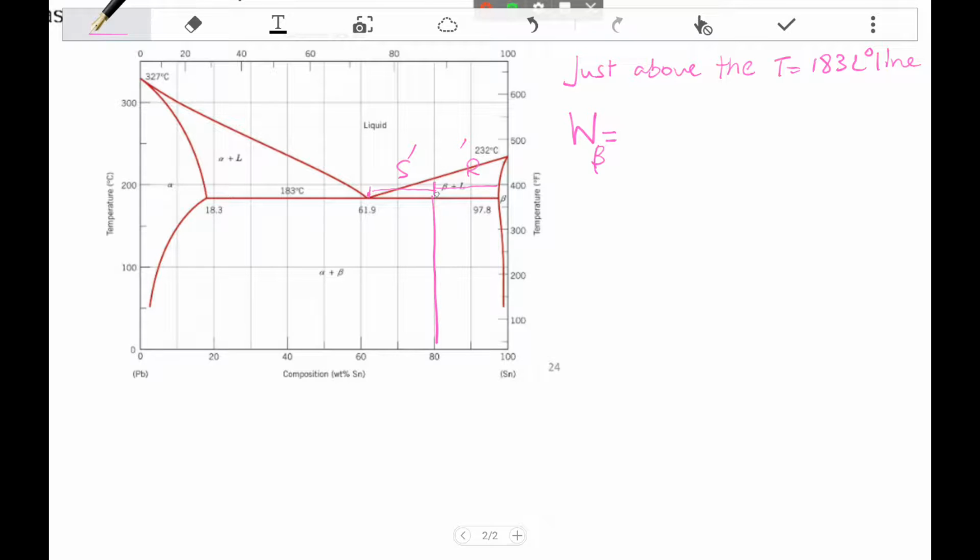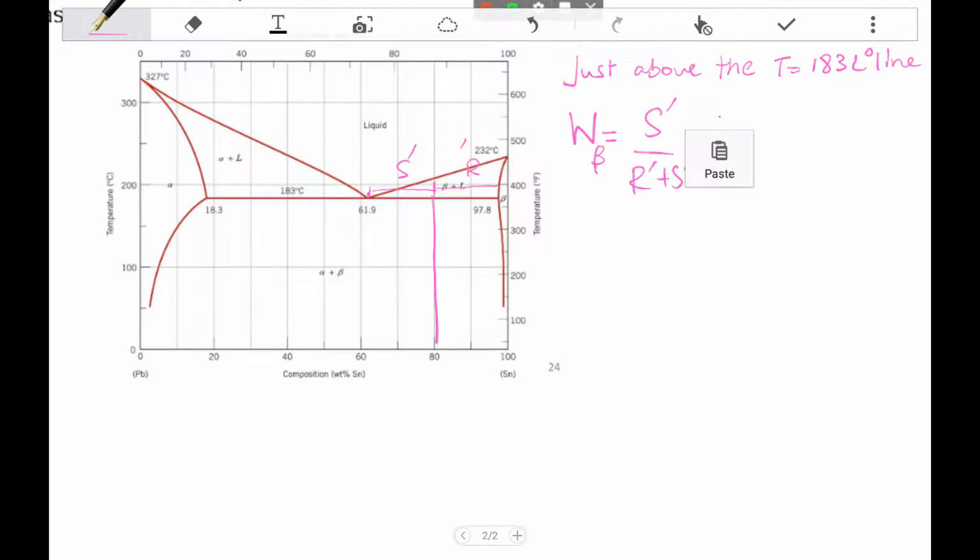So what's the mass fraction of beta? That's going to be, or actually, let's do it first: S' over R' plus S'.